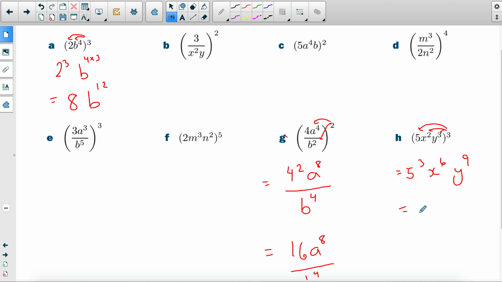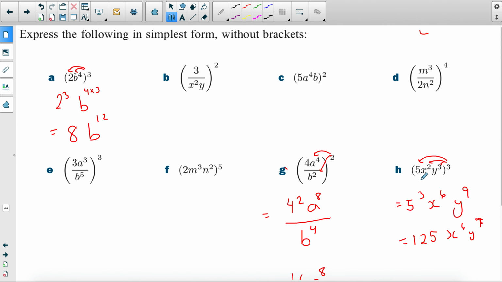And you end up with 125, x to the power of 6, and y to the power of 9. Do attempt the rest of the questions, and you can attempt more from your book. These are mainly questions based on spreading the power and multiplying out of the bracket. I do expect you to know the first 3 rules.